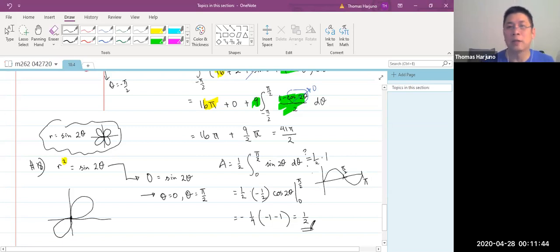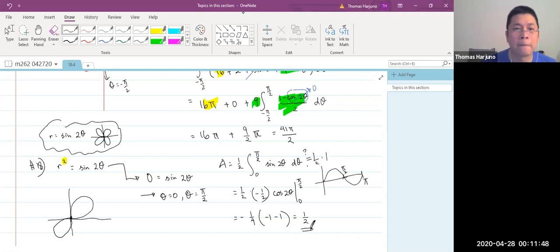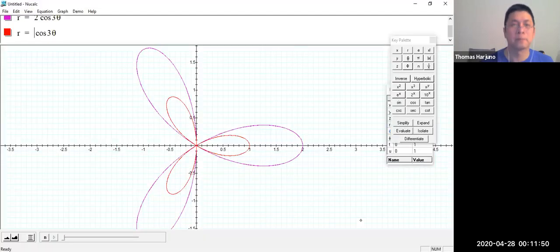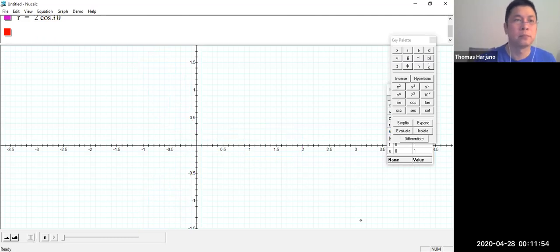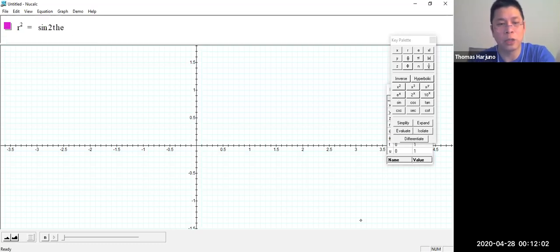Now, just for fun, let's take a look at what it actually looks like. r squared equals sine 2 theta.